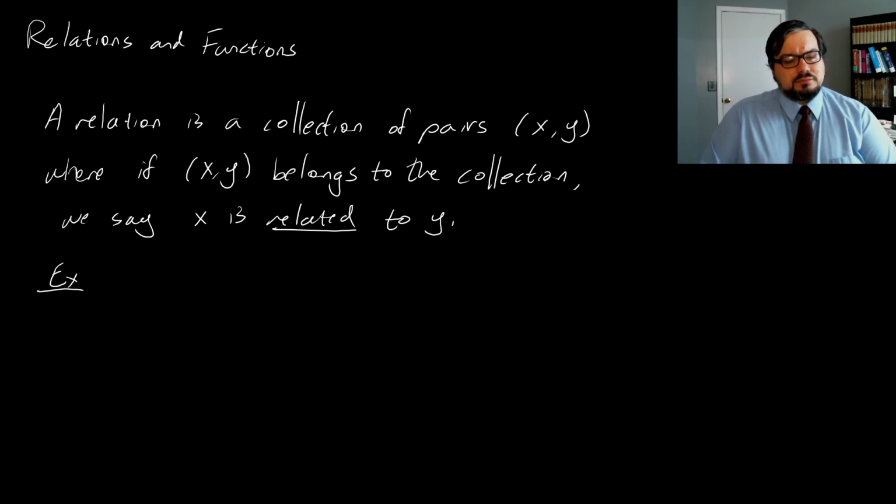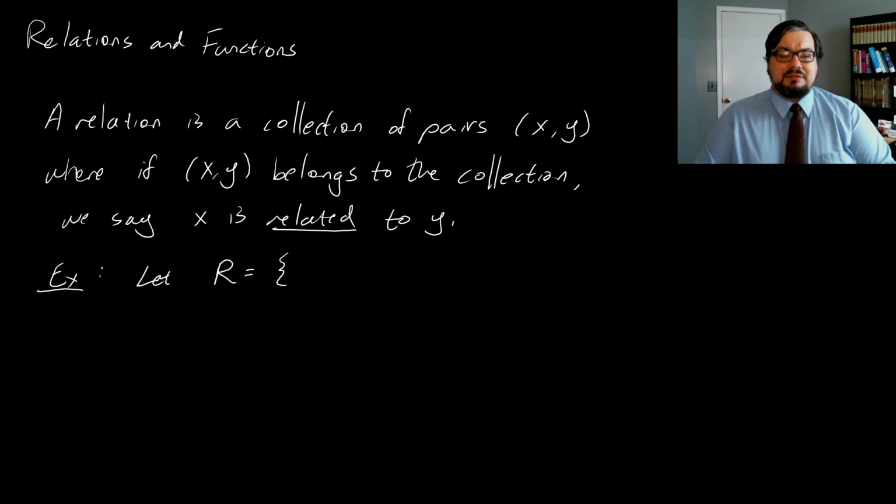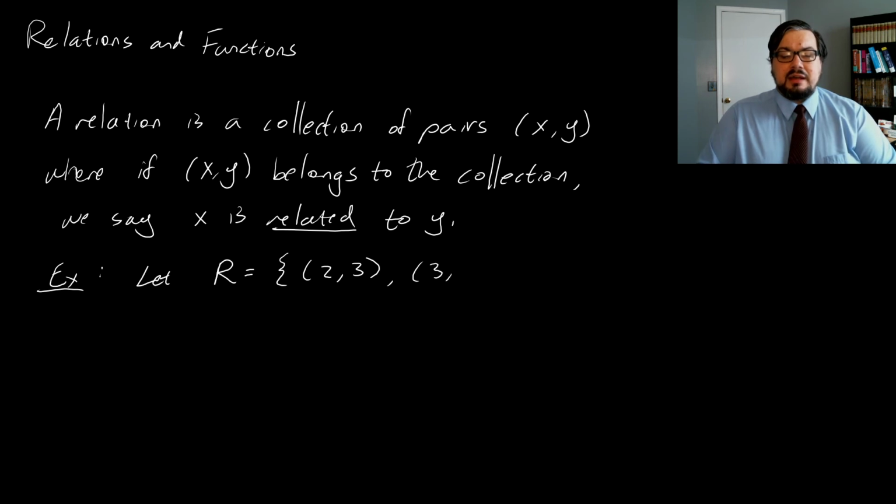So let's start with a purely abstract relation. We could let R be the relation 2 comma 3, 3 comma negative 1, 4 comma negative 1, and then 4 comma 3.